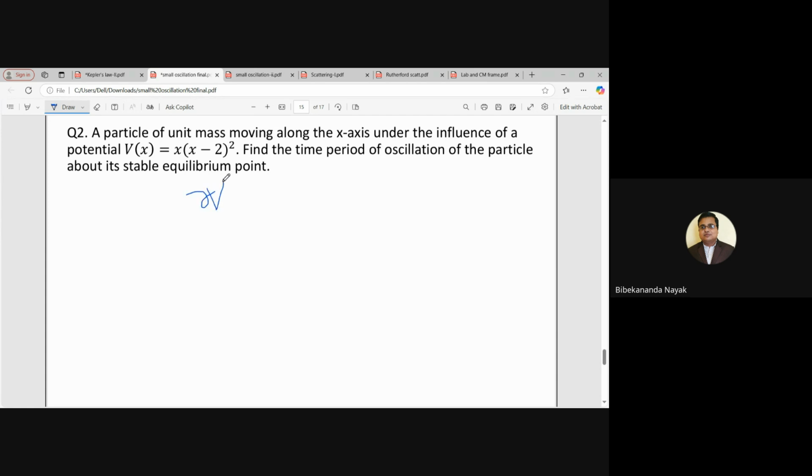How do you get equilibrium points? For equilibrium points, you have to set del V by del x equal to 0. Tell me the values of x for which del V by del x is equal to 0.